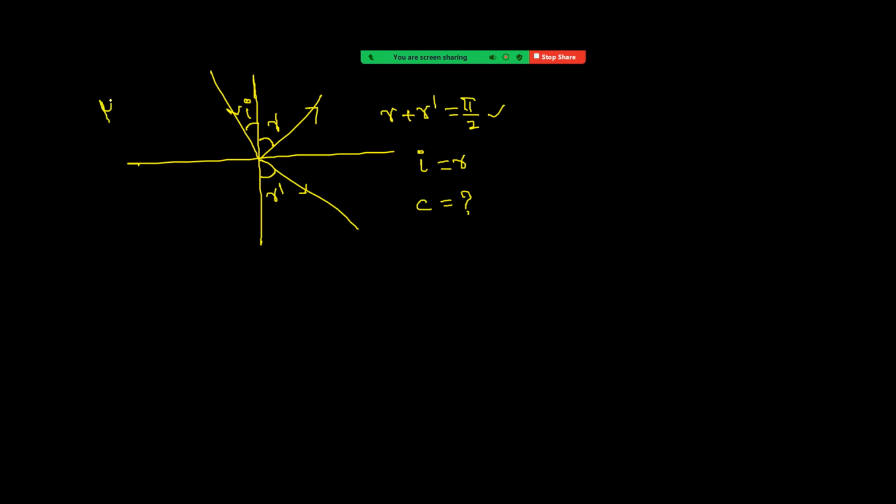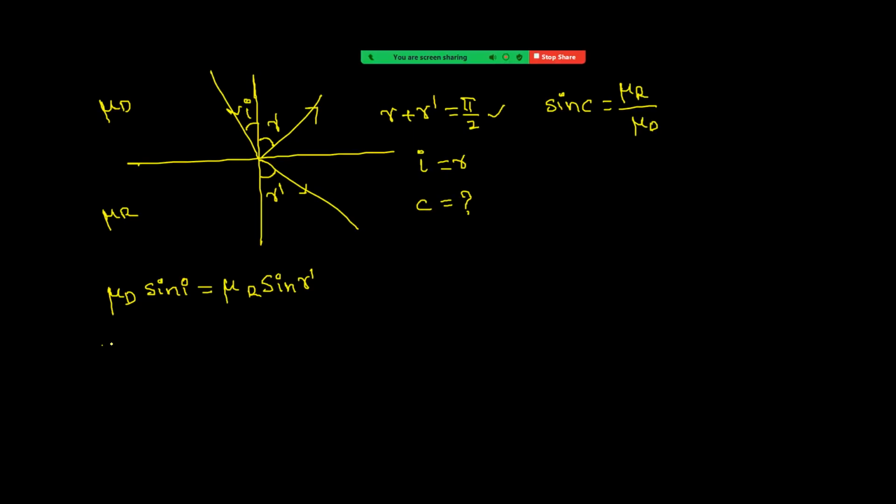So this is now mu denser and this is now mu rarer. Then we can write Snell's law. Mu denser sin i should be equal to mu rarer sin r dash. And see what's the value of c. We are knowing that sin c equal to mu rarer by mu denser. That means we have to find sine inverse mu rarer by mu denser, right?